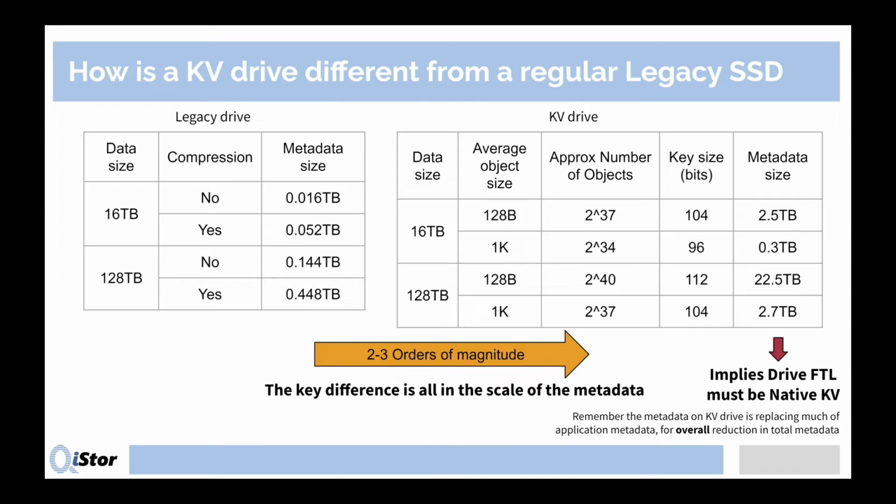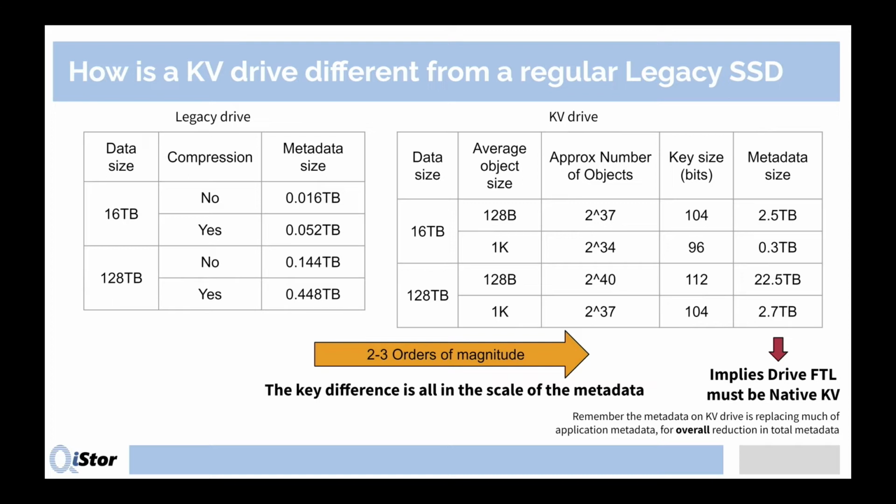Theoretically, if I have a 16 terabyte drive with 128 byte object size times the number of objects, you end up with a metadata size of 2.8 terabytes. So I have 16 terabytes of data, but I have 2.5 terabytes of metadata. So it's what, 20%? Close. Now, compare that to a legacy drive, my 18 terabyte drive without compression, it was 0.016 terabytes of metadata.